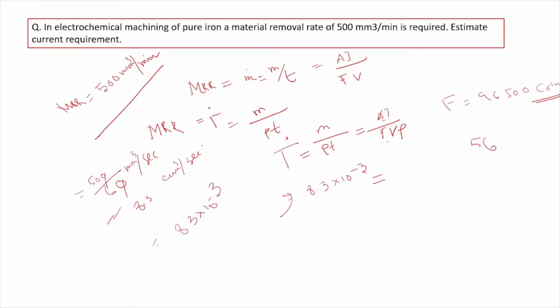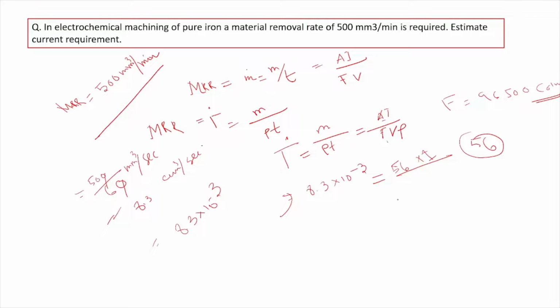You have to remember some of the materials and atomic weights. Generally, if there are two or three atoms or alloys given in a question, then they provide those atomic values. But iron is very common, so we know that the atomic weight of iron is 56. So we can write A as 56.